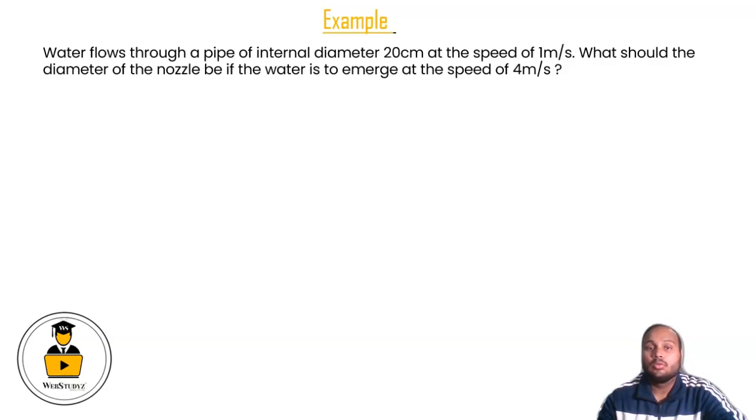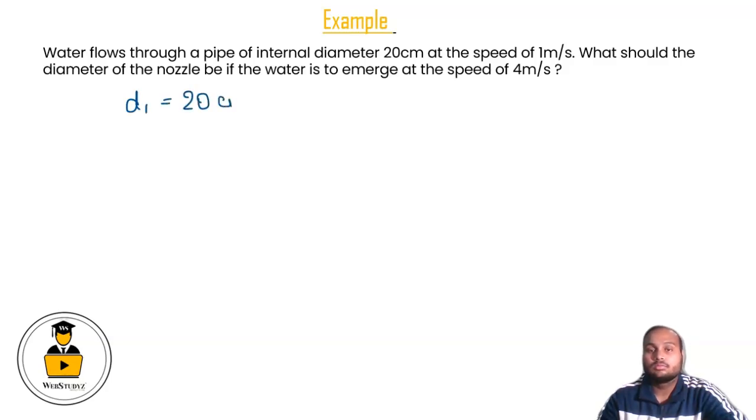The question is, water flows through a pipe of internal diameter 20 centimeter at the speed of 1 meter per second. Then what should be the diameter of the nozzle if the water is to emerge at the speed of 4 meter per second? So according to equation of continuity, rate of the flow into the system is equal to rate of flow out of the system. So firstly here we are given diameter D1 as 20 centimeter.